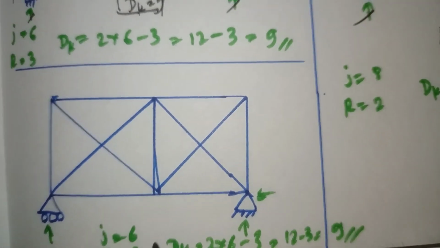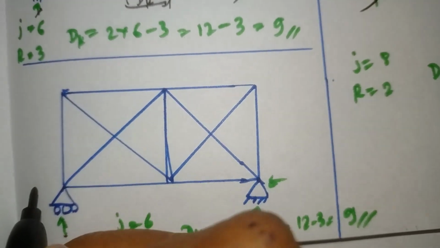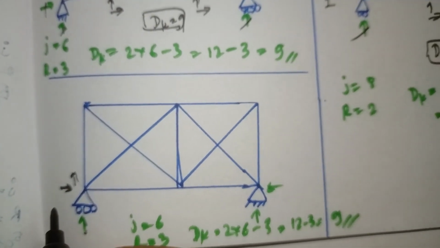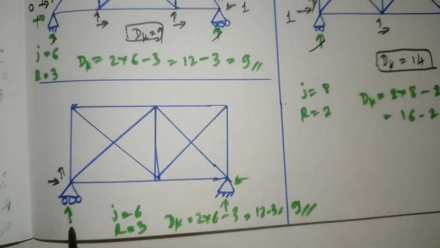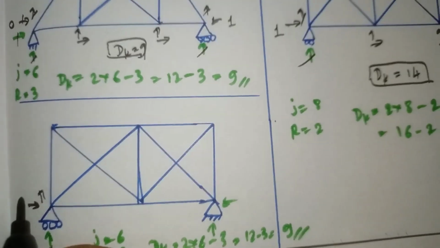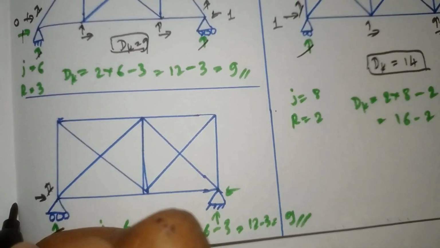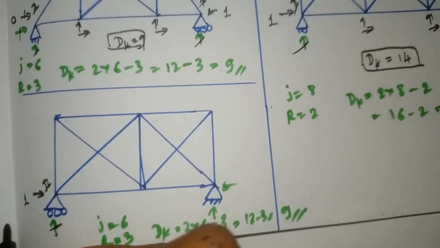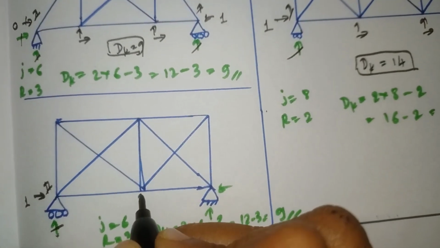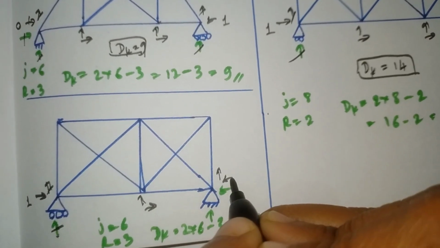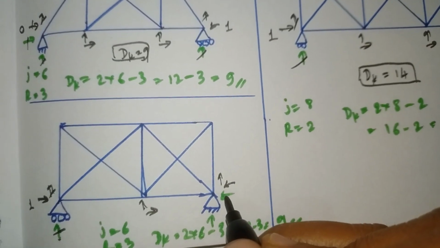If you take the structure, at the roller, two deformations will take place, horizontal and vertical. Here also one vertical reaction is there, vertical deformation is there, both will get cancelled with each other. At the roller the degree of freedom is 1. So at this joint 2. At the hinge the degree of freedom is 2.